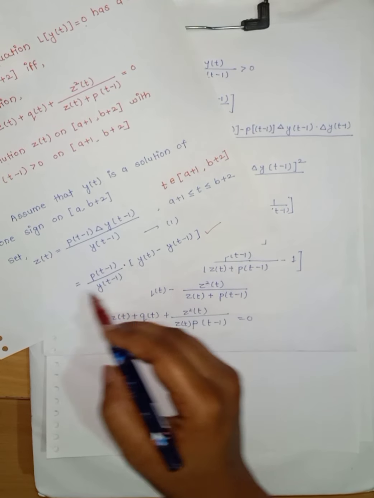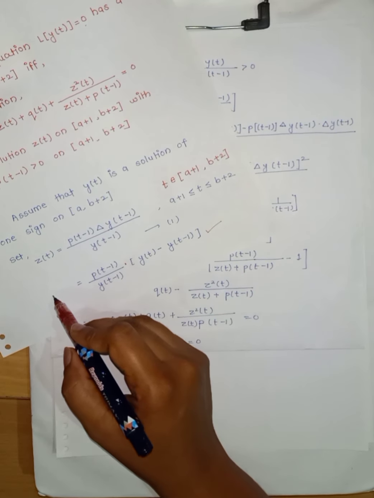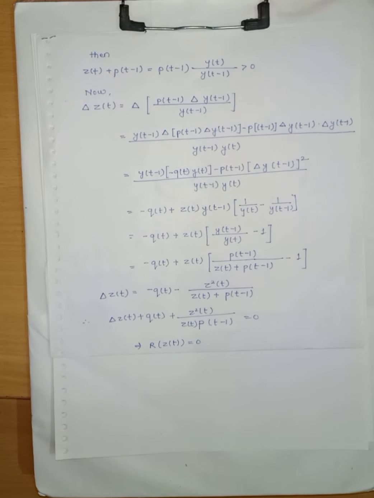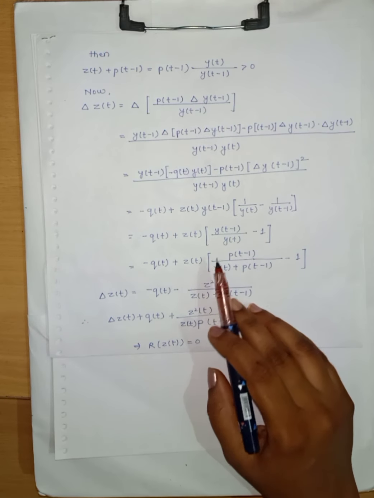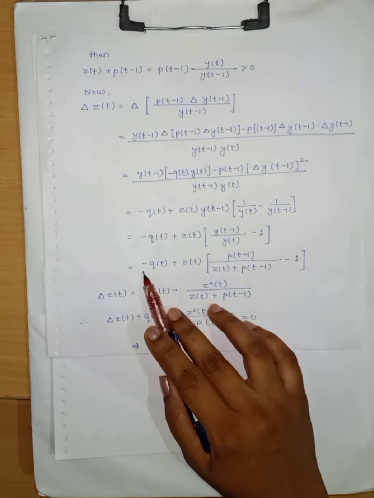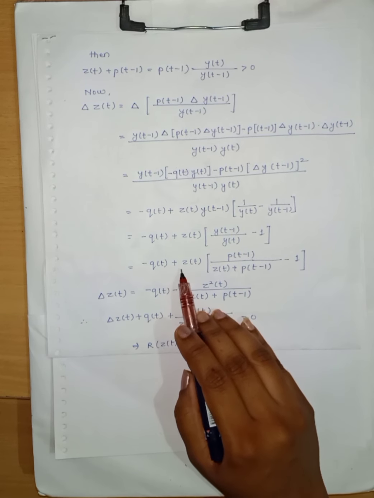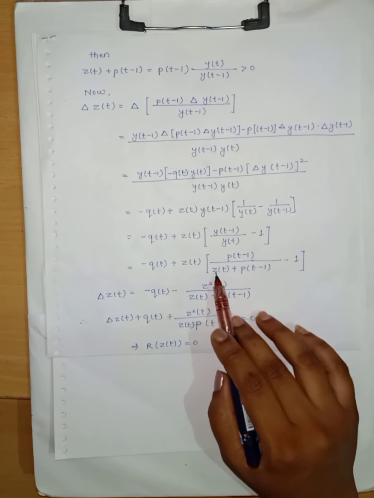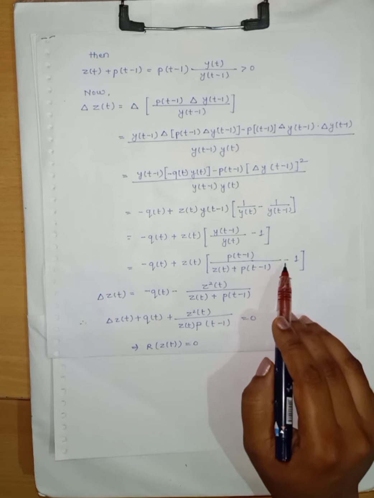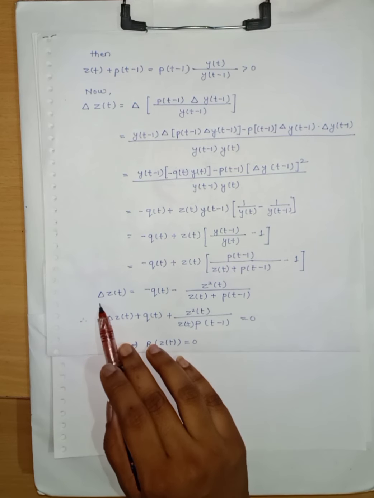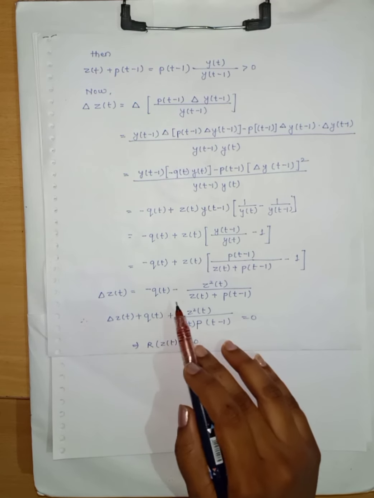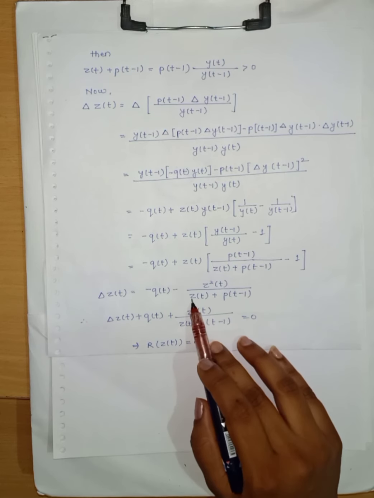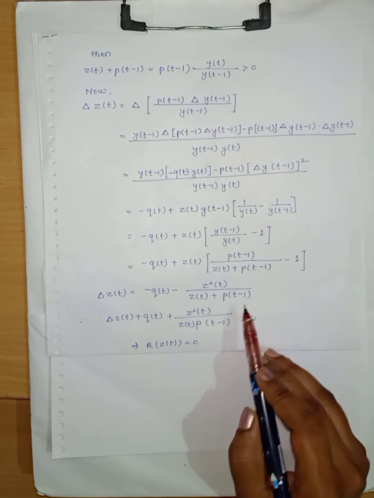If we solve this, we can shift it over here with z of t and write it as this. So next is minus q of t plus z of t into p of t minus 1 upon z of t plus p of t minus 1 minus 1. Therefore delta z of t equals minus q of t minus z square of t upon z of t plus p of t minus 1.